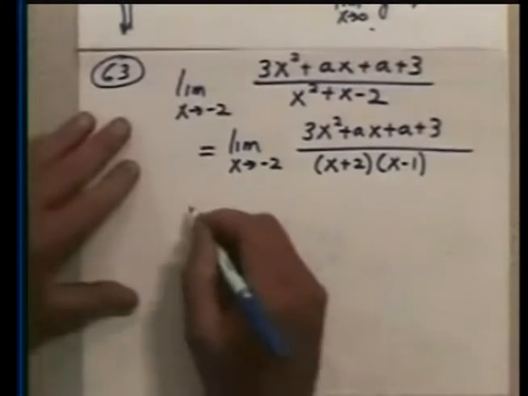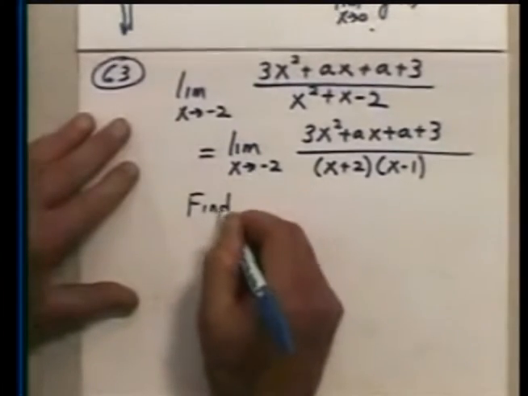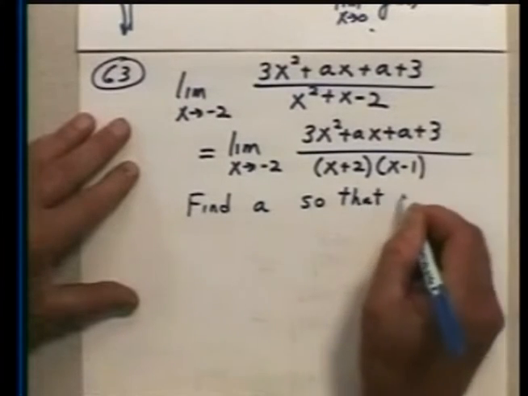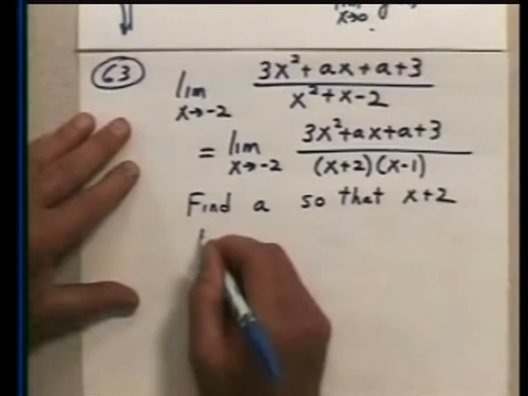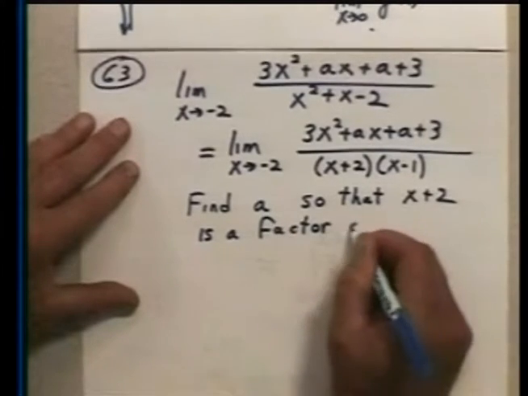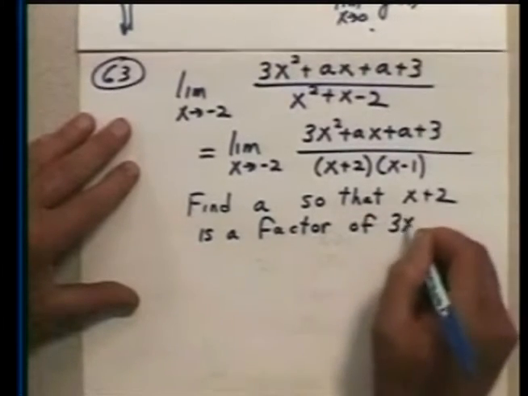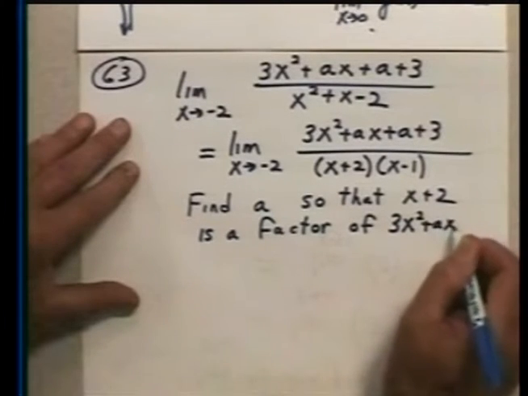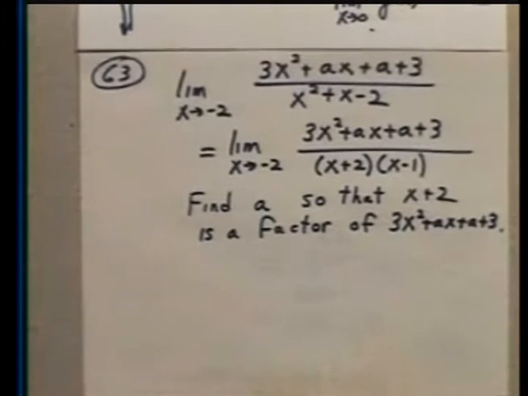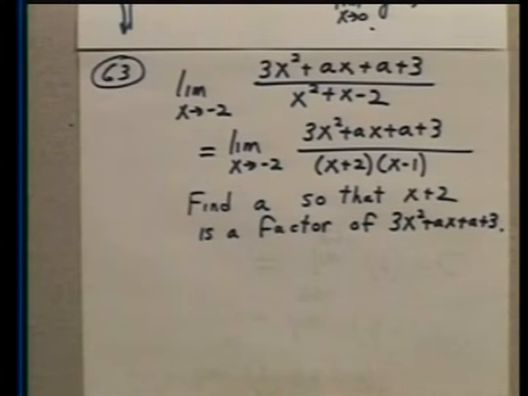So now what I'm going to try to do is find a so that x plus 2 is a factor of 3x squared plus ax plus a plus 3. That's what I'm going to do. Well, how can I find an a so that x plus 2 is a factor?